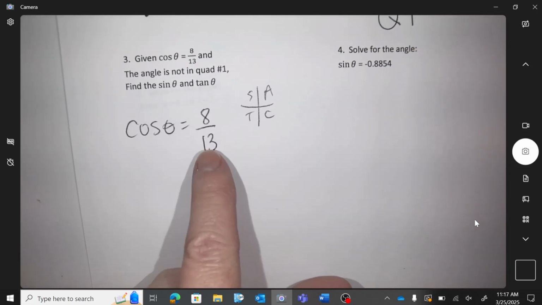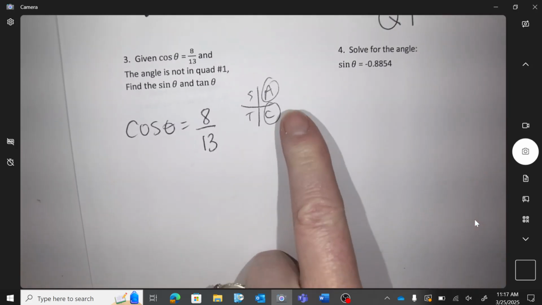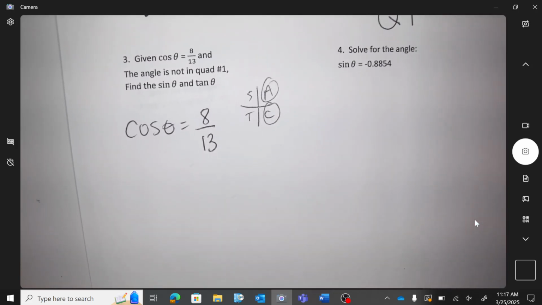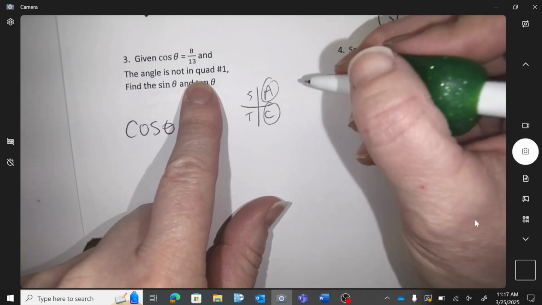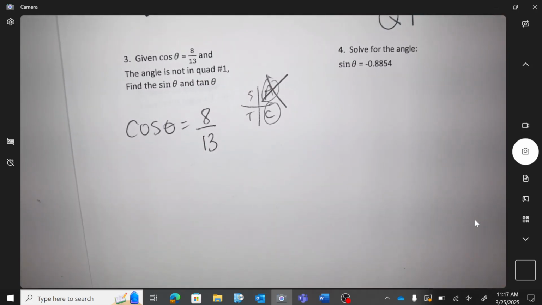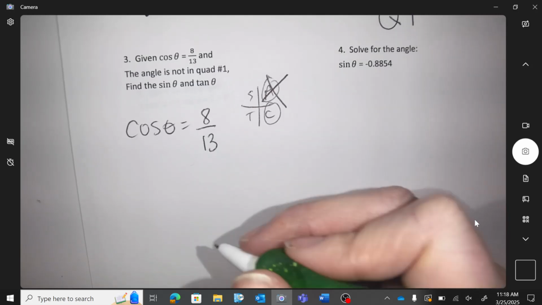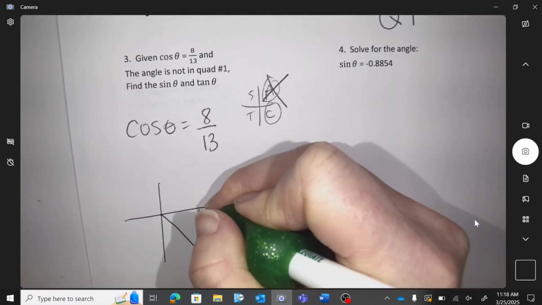This cos value is a positive value, so my options are over to the right-hand side. But it's not in quadrant 1. So not that one. So I've now determined I am in quadrant 4.